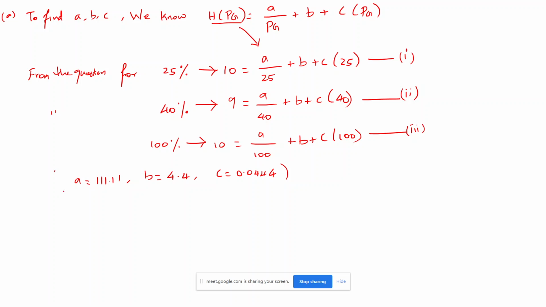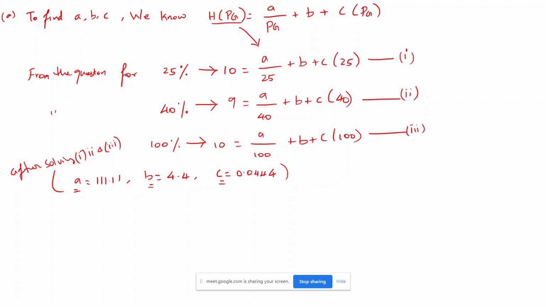After solving equations 1, 2 and 3, I get the A, B and C values.